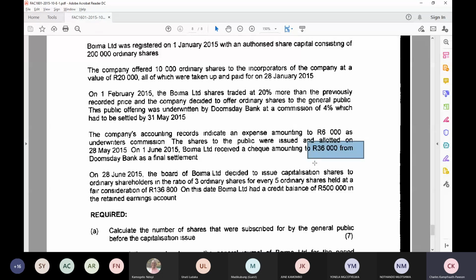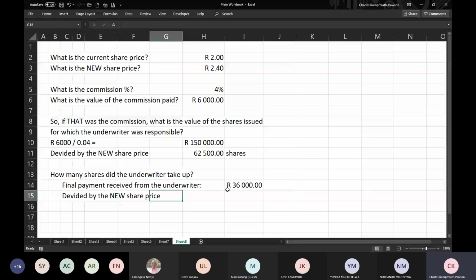So that means that is what they paid for whatever they took up. So it means there was a short issue. Everybody happy with that? So 36,000 divided by the new share price. It's 15,000 shares.